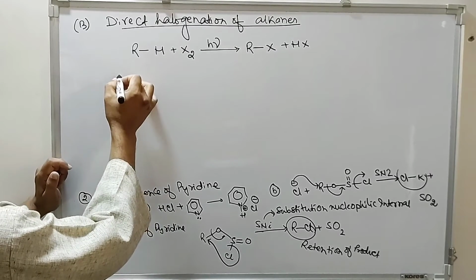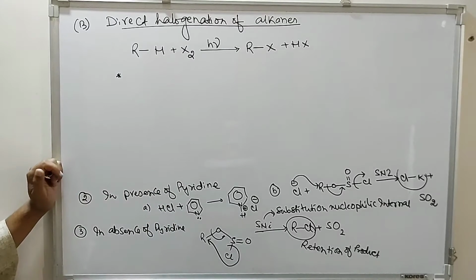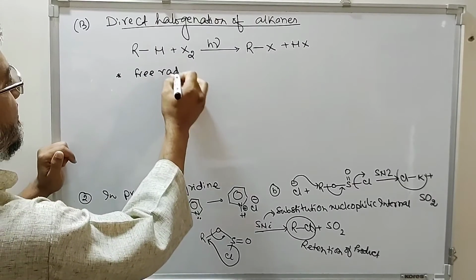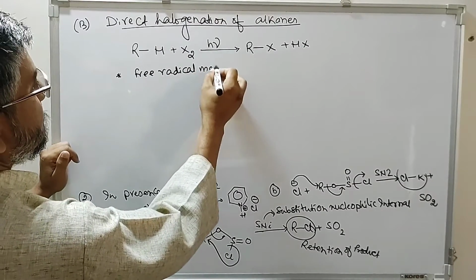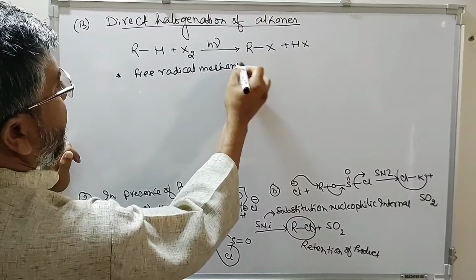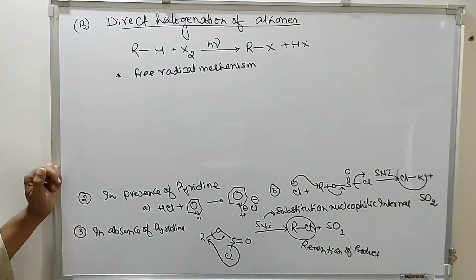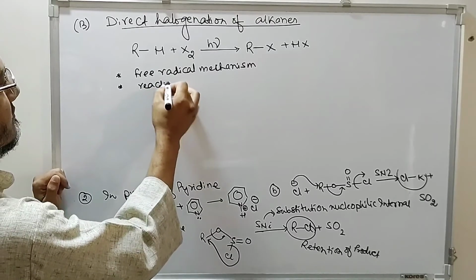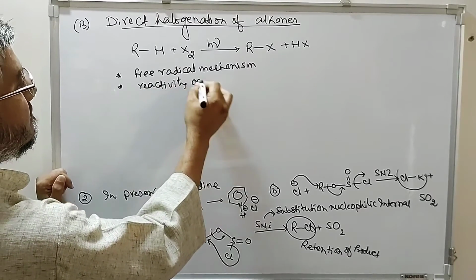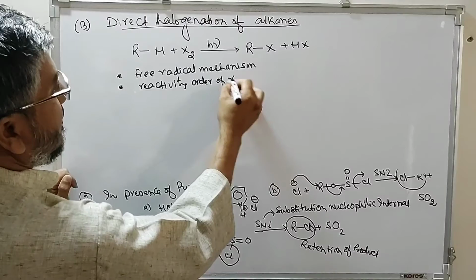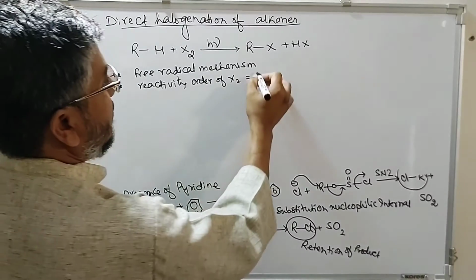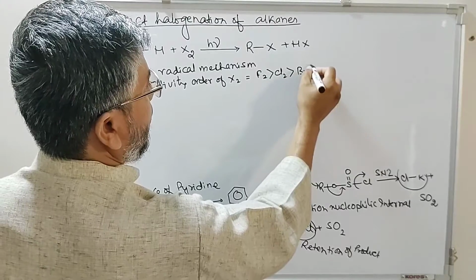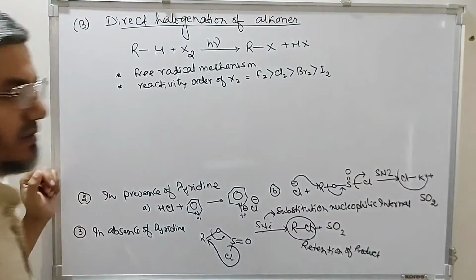There are some important things that we have to keep in mind. The reaction follows a free radical mechanism. The reaction proceeds via formation of free radicals. Next, the reactivity order of halogen X2: fluorine is the most reactive, followed by chlorine, followed by bromine, followed by iodine.